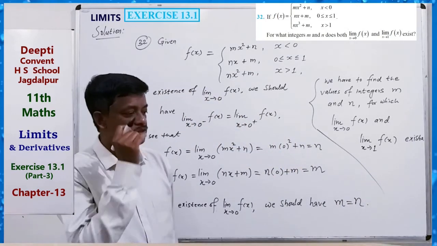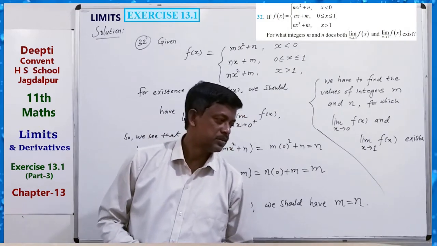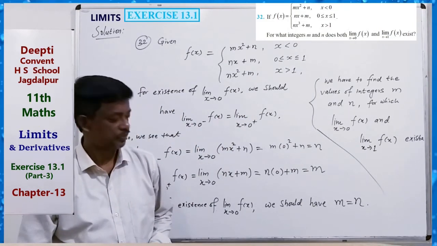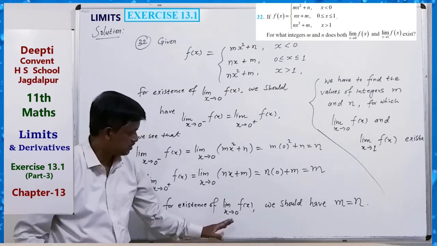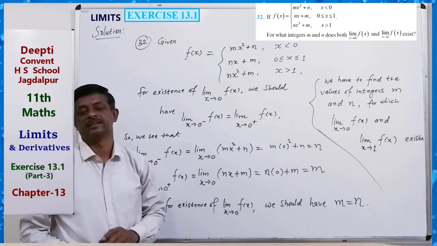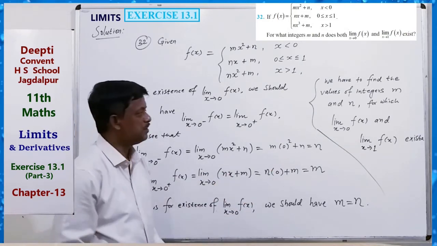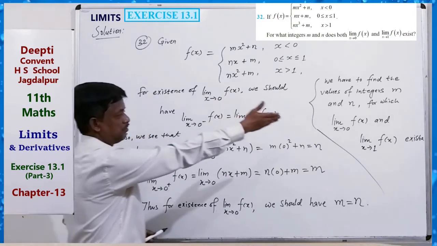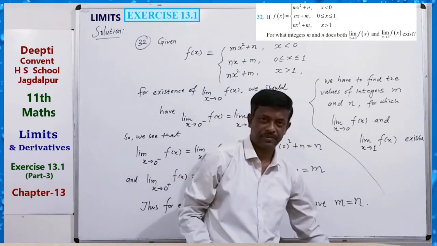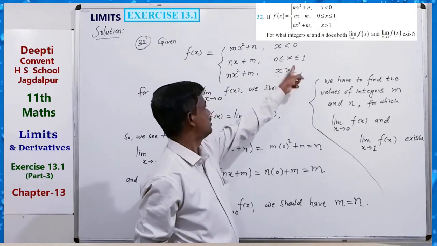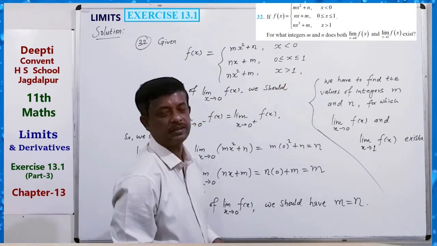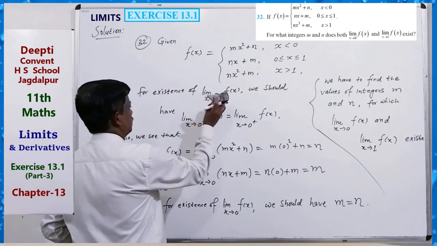Okay, m equals n. As a similar process for 1 you can write: left hand side of 1 is this, right hand side of 1 is this.